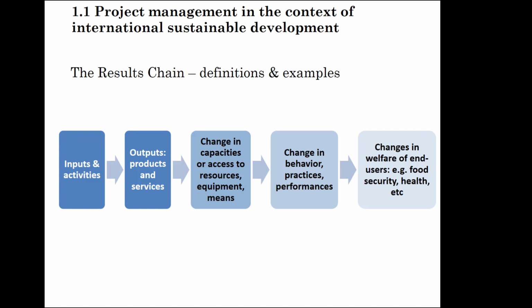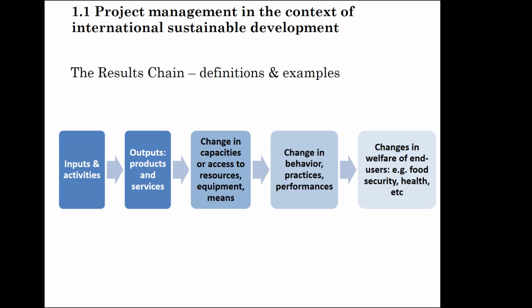Regarding the outcomes that are going to be achieved, there are basically two types of outcomes. Some outcomes are more directed to the change in capacities or the access to resources and equipment, means of achieving some results, some benefits.